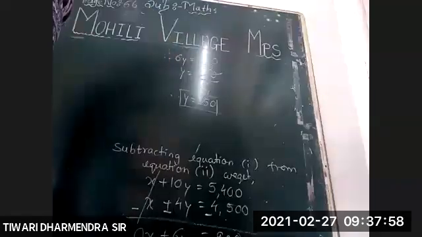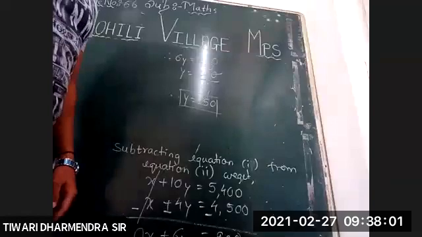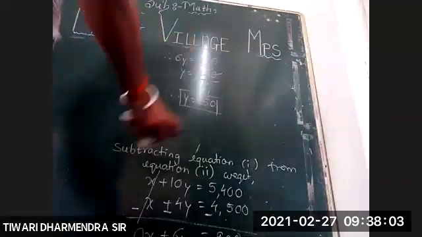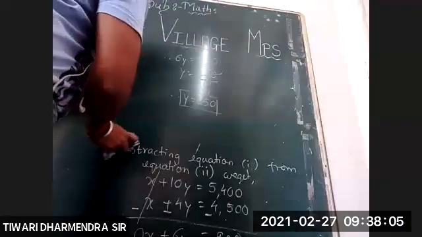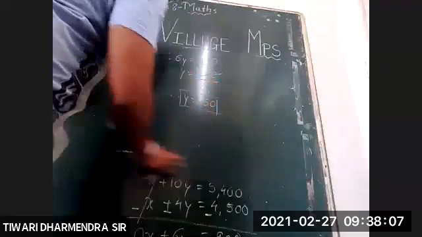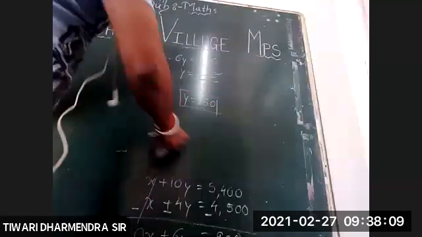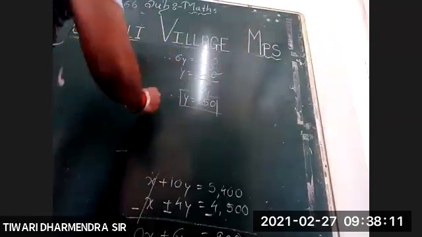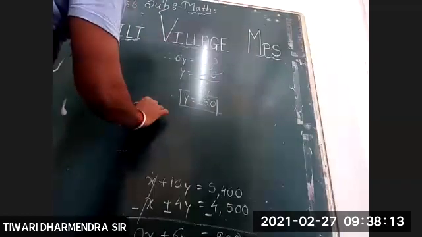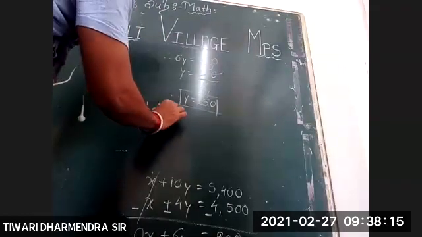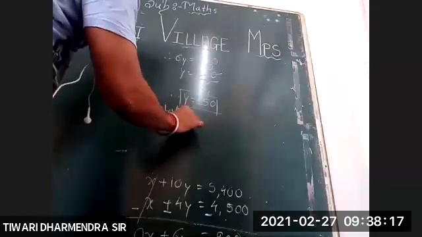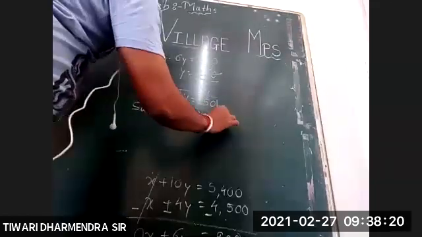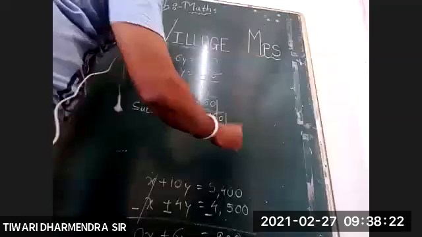Now to get the value of X, substituting Y equal to 150 in equation number 1.